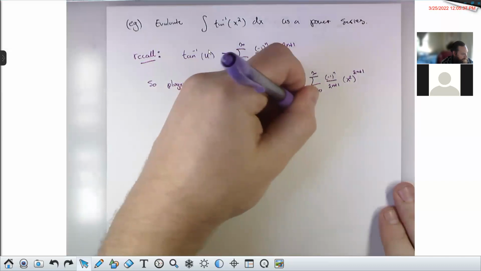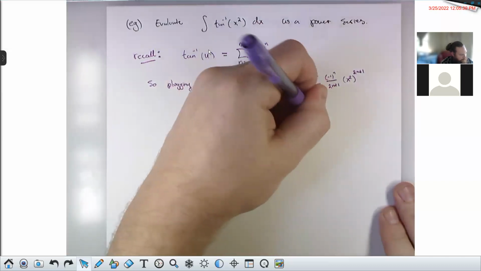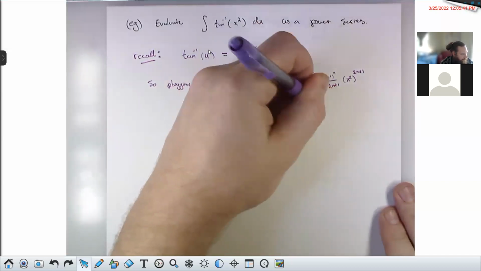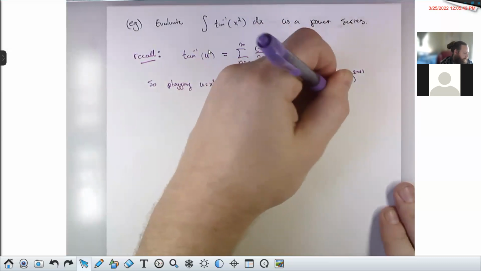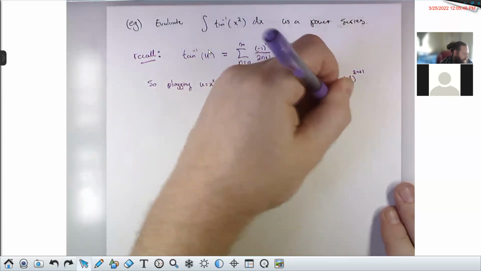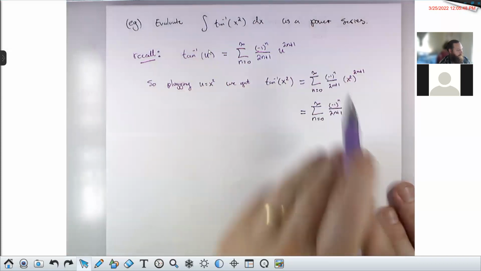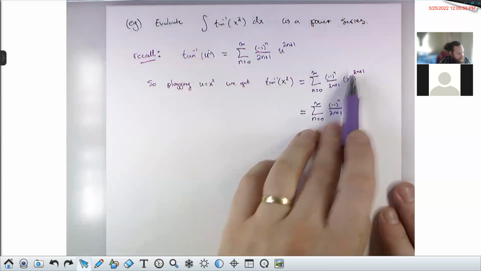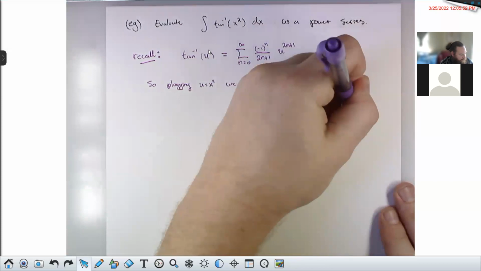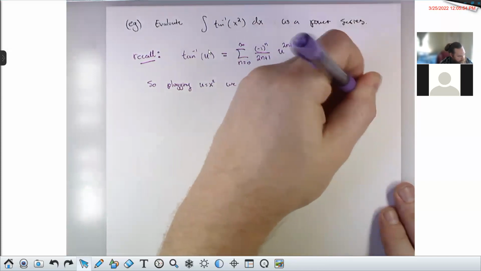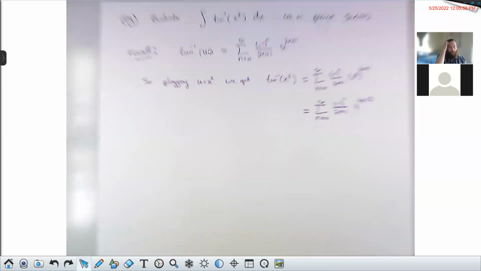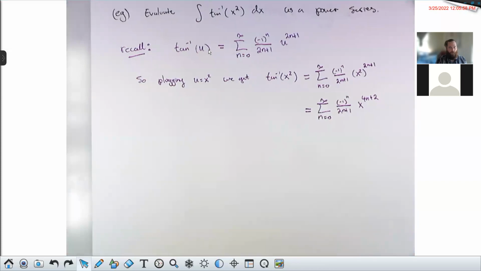And I can clean that up. I'll write this as nicely as possible. So that's sigma n from 0 to infinity, -1 to the n over 2n plus 1, x squared to the 2n plus 1 is x to the 4n plus 2. We're raising a power to a power, you multiply the powers.